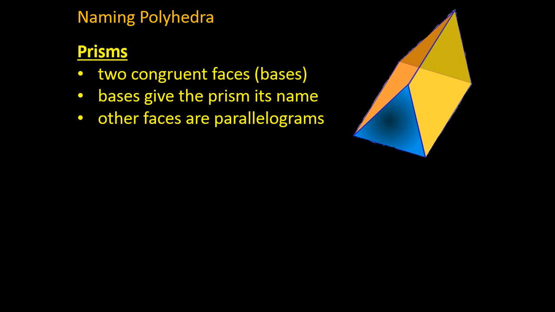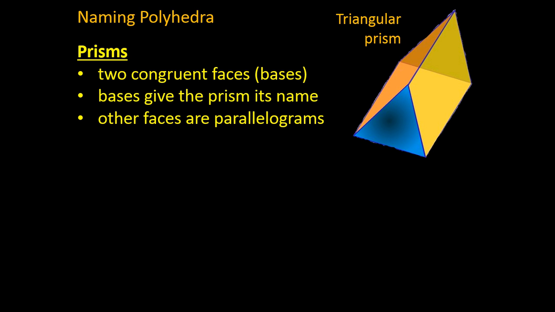Here's an example of a prism. It's called a triangular prism because the two congruent faces are the triangles that you see in the front and the back of this prism. That's the blue face that you see closest to you.